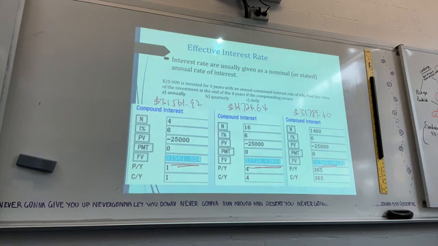In the question, we are normally given the nominal or stated annual rate of interest, so it's 6% per annum. And then you're told about the compounding period, whether it's compounded 6 monthly or fortnightly or whatever period.